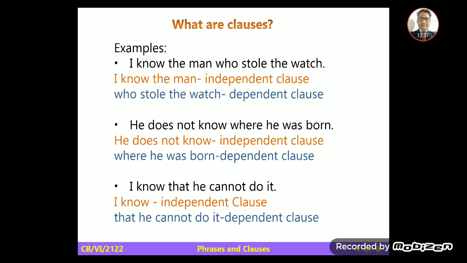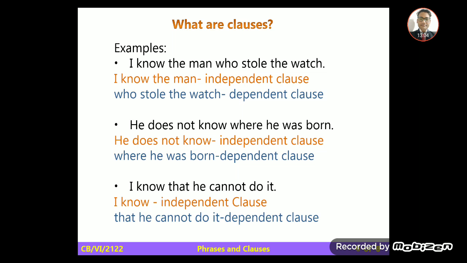It needs the help of an independent clause. If we use this sentence alone, it will not convey a thoughtful message. So who stole the watch, that is a dependent clause.